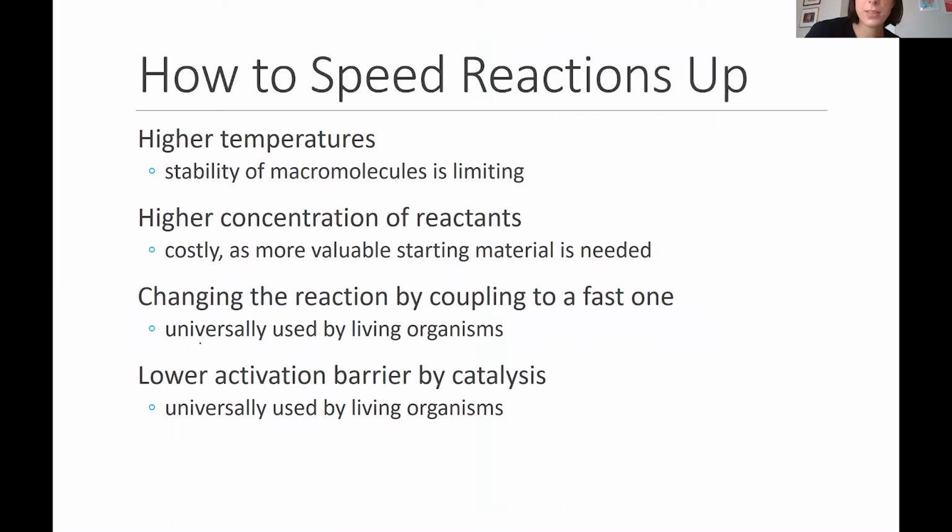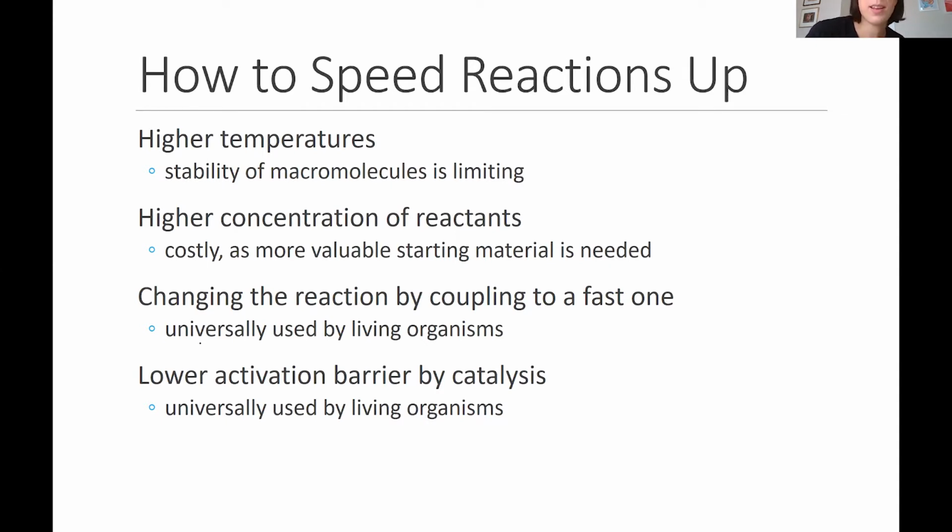And we talked about speeding up reactions as well. Not only the ability to accomplish reactions, but our ability to control those reactions. Different ways to control reactions include higher temperatures. The stability of macromolecules is a limiting factor here, so sometimes we can't just heat ourselves up to speed up a reaction.